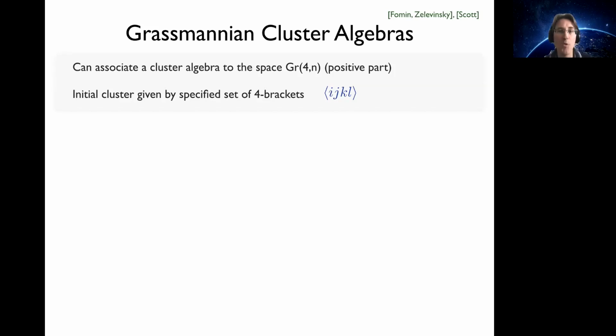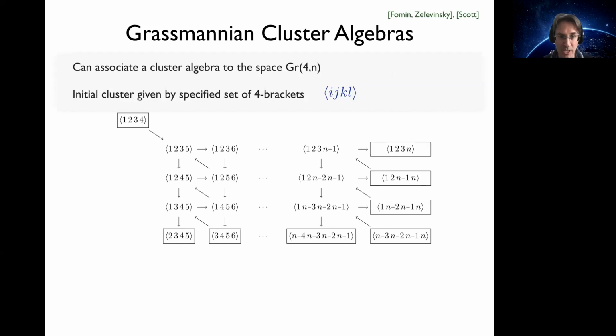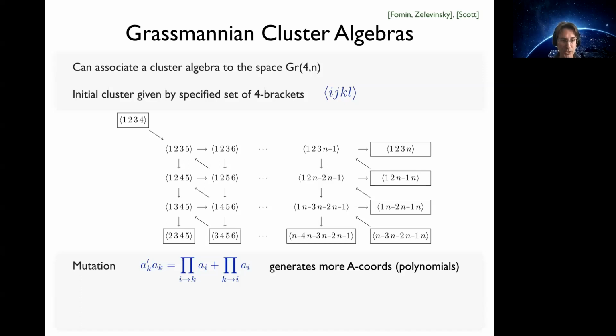So we can associate a cluster algebra to the space Gr(4,n), or rather its positive part. And a cluster algebra is defined by taking an initial cluster, which is specified by some quiver diagram, looks like this in this case, where each node is labeled by one of our Plücker coordinates, ijkl. So the basic idea of cluster algebras is that you can select nodes and do an operation called mutation.